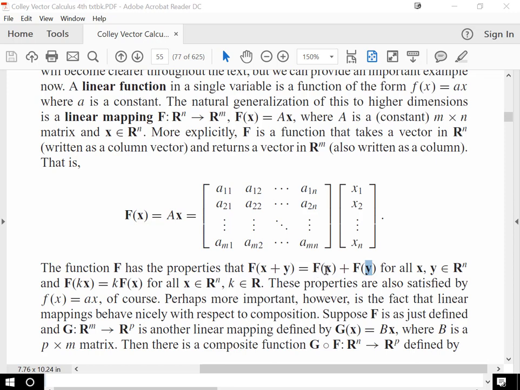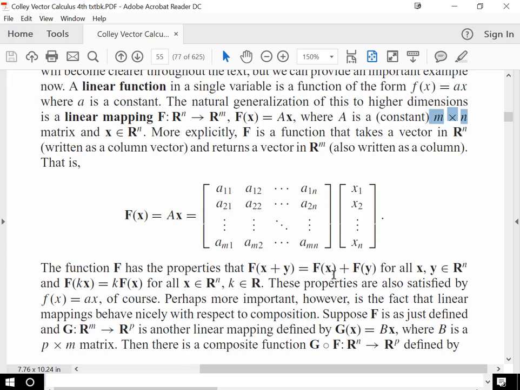So again, what you have to do is verify that if you take two vectors, both of them have to be in Rm, and you add them, and then multiply that by the m by n matrix A. Okay, that's the left-hand side.